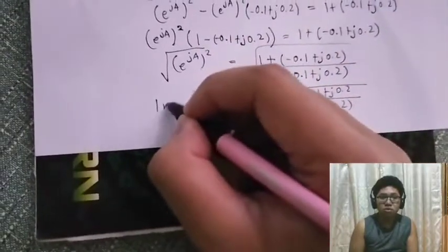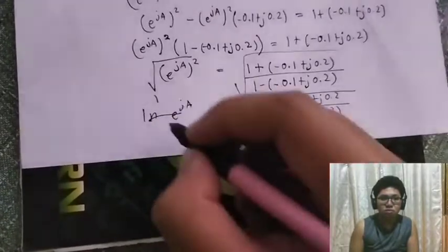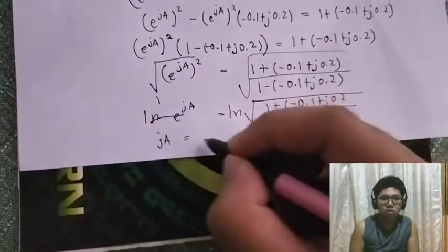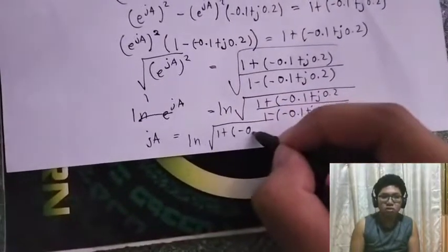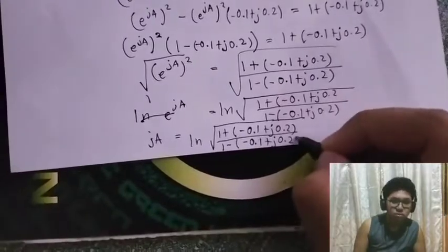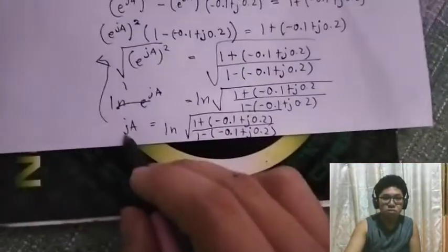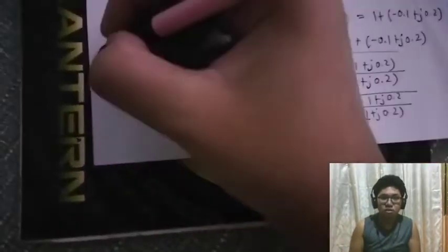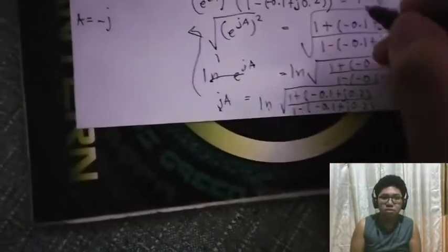And then we will get the ln of both sides, that would be 1, then the remaining would be ja equal to the ln of the square root. Then we will transpose the j, so our a is equal to negative j ln of the square root.